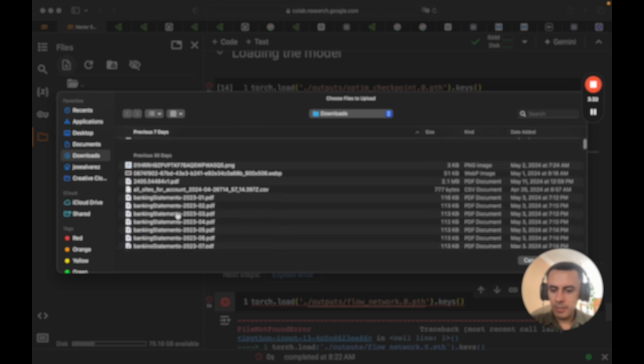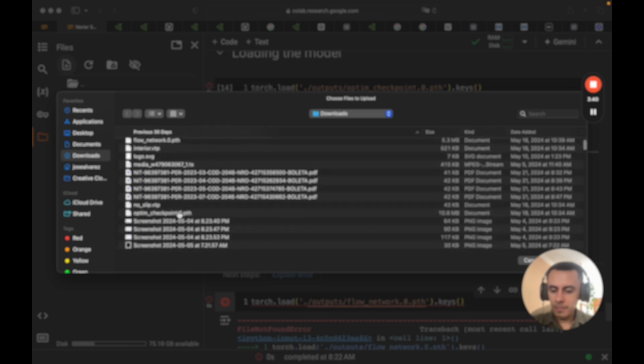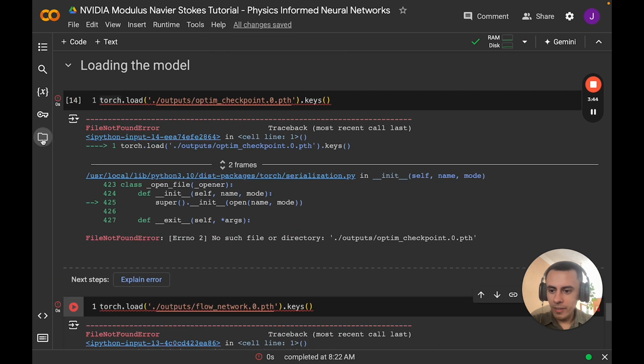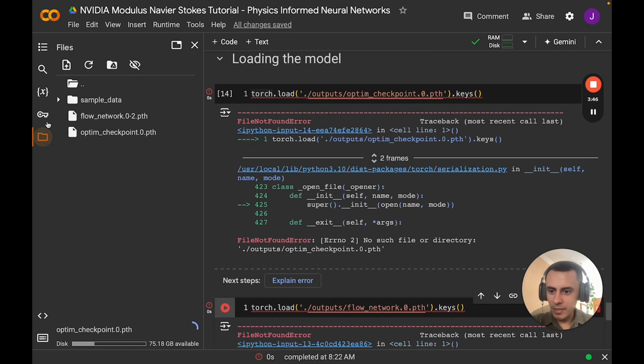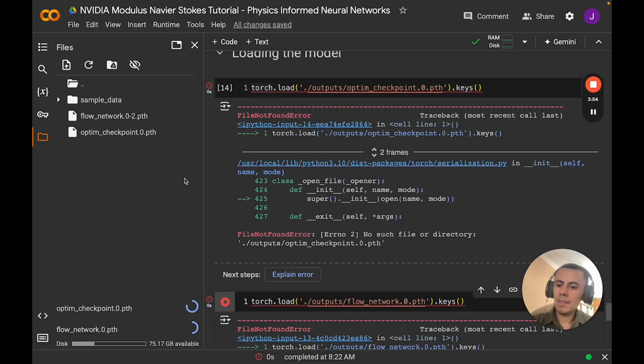I think it's somewhere here. Oh, you probably shouldn't be able to see my stuff. Ideally. Oh yeah. I found another one that has actually the original name of the flow network.